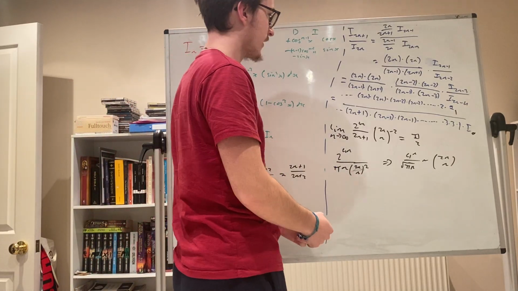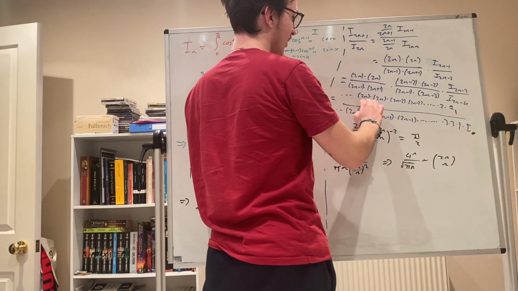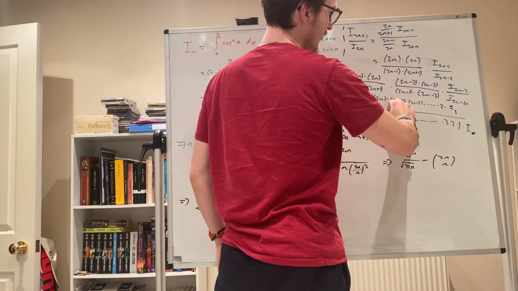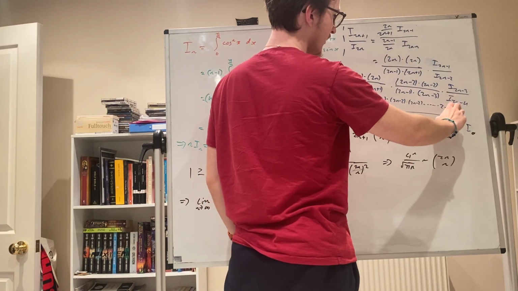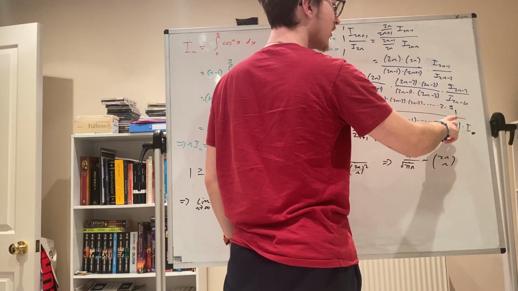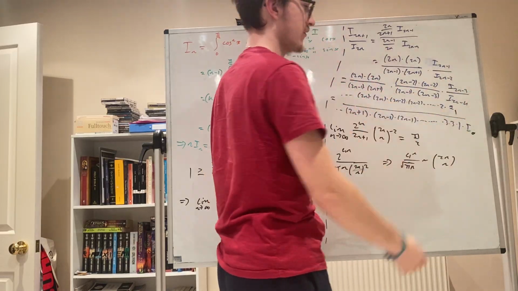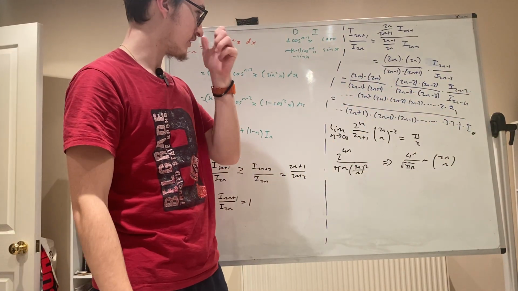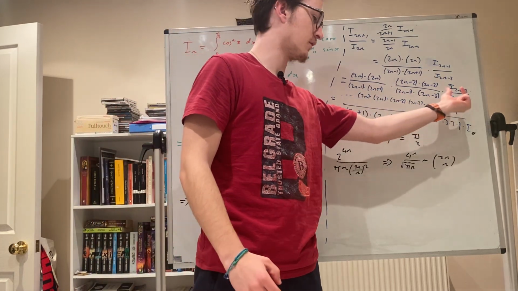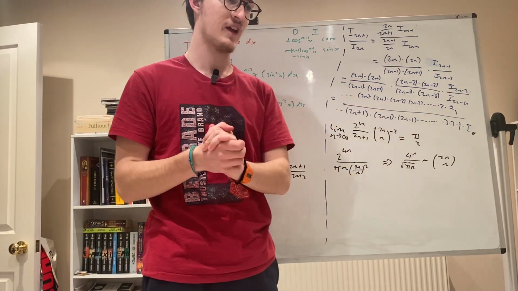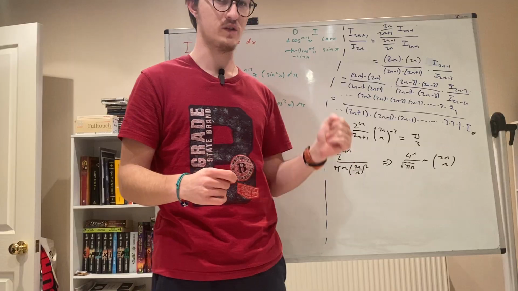And so in the end, we just get 2n times 2n times (2n minus 2) times (2n minus 2), up until times 2 times 2, times I1. Okay, so on the top, we just get these pairs of even numbers multiplied together times by I1.